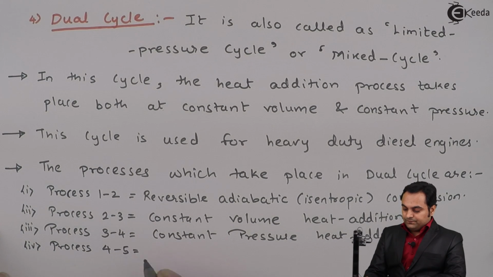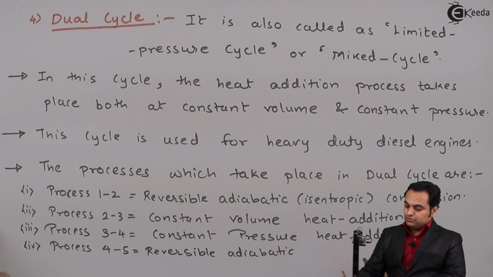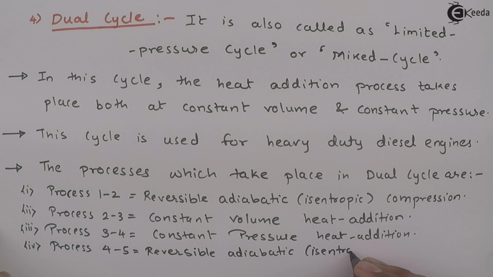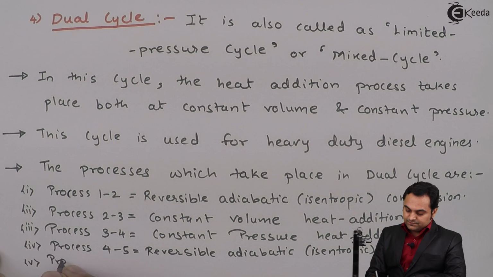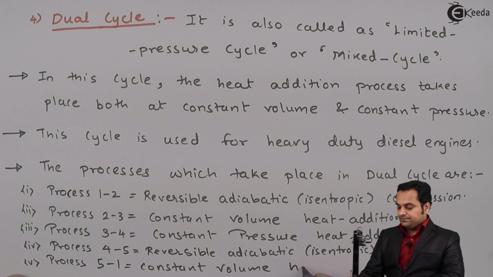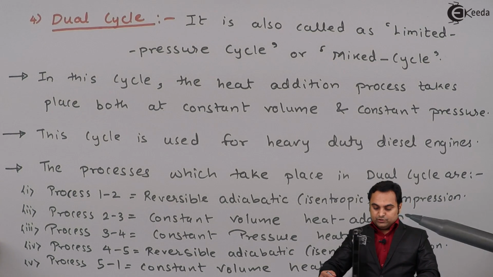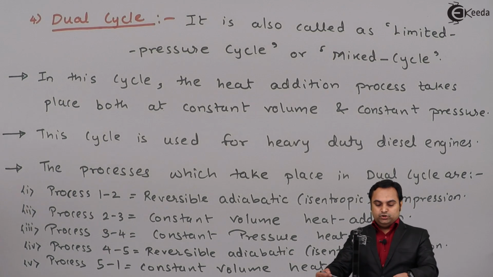Process 4 to 5, that is reversible adiabatic, also called isentropic expansion. Next, process 5 to 1, it is constant volume heat rejection. So these are the 5 processes which take place in dual cycle.